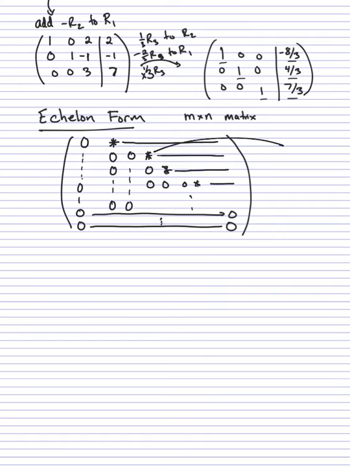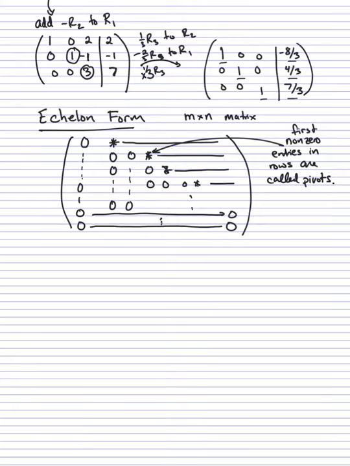So the first non-zero entries in the rows are called the pivots. Okay, and when we were doing our operations, these were the terms that we were using.